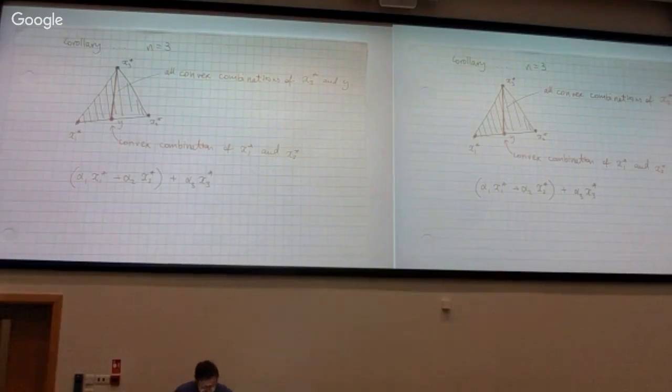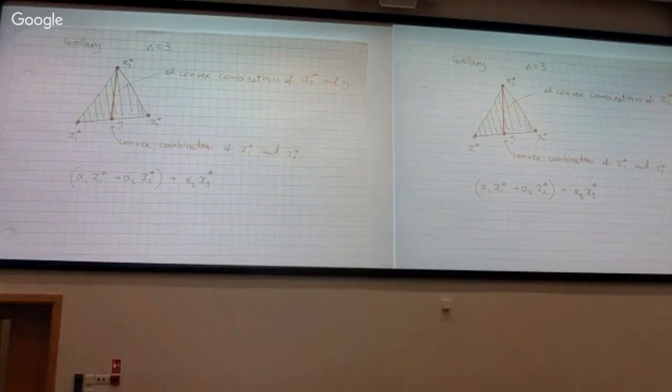You can see every convex combination of 3 points step by step from the pairs. So first you look at 2 points and find a convex combination, and then you look at the third point and do a convex combination, and like this you get the whole triangle.